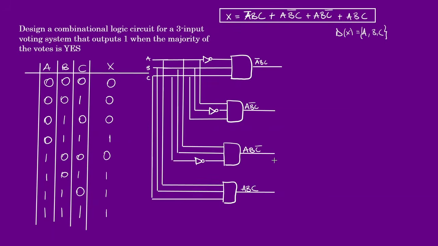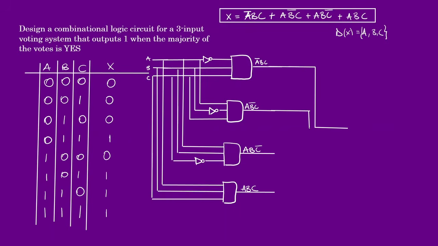A, B, C. Cute. We have all our terms here, and now we're going to bring them into a 4-input OR gate. Because recall, we have the operation binding all of them is the OR operation. All right, so we're going to do that. Let's bring this out a bit further, then down, somewhere in the middle of 2 of these.